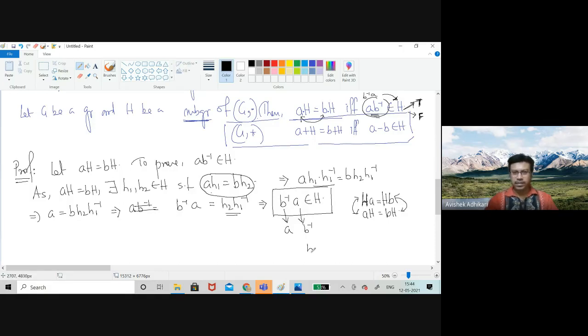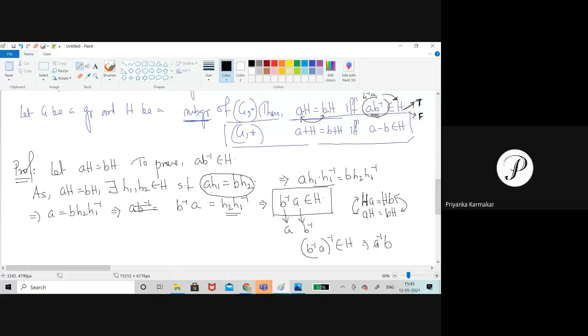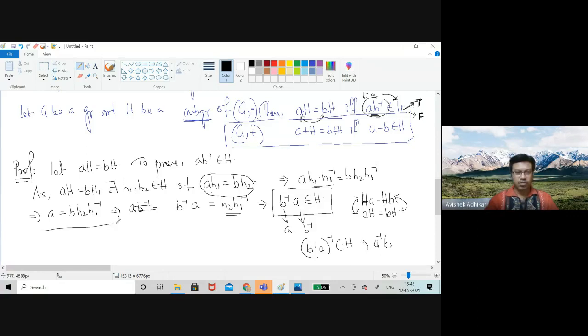Then (B inverse A) whole inverse must also belong to H, because H is a subgroup. So all the elements' inverses are also within this. And what is this? I am sure that you have already seen that this is A inverse B. I think you all know that (AB) inverse is B inverse A inverse, in group theory.